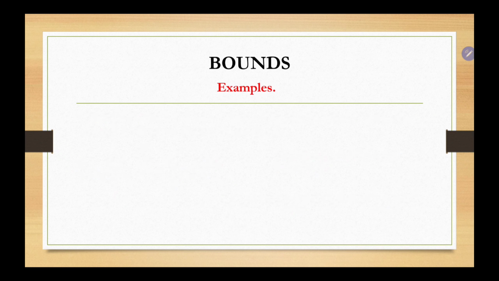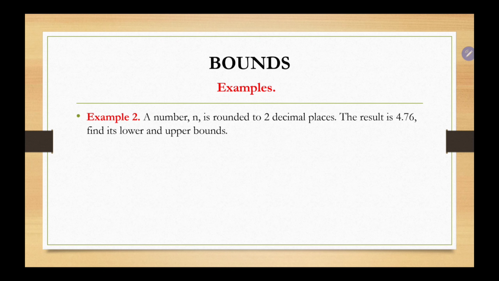Example number 2. A number n is rounded to 2 decimal places. The result is 4.76. Find its lower and upper bounds. Again, 4.76 lies between two numbers, 4.75 and 4.77. That is just 1 unit above 4.76.